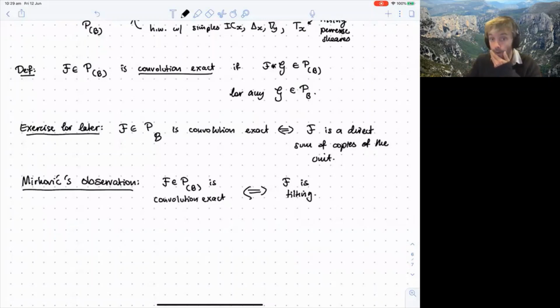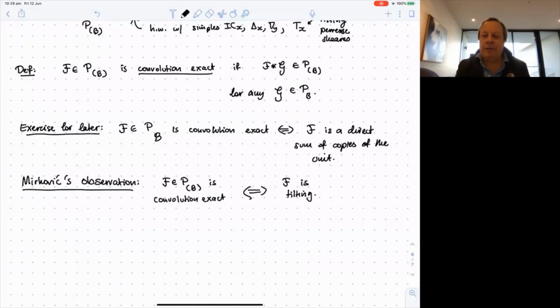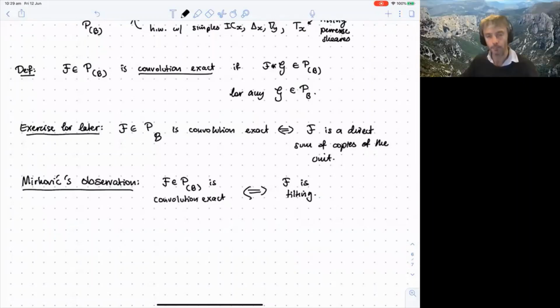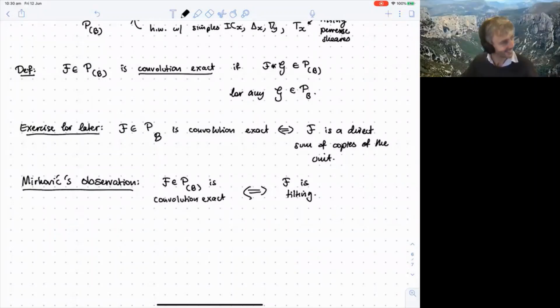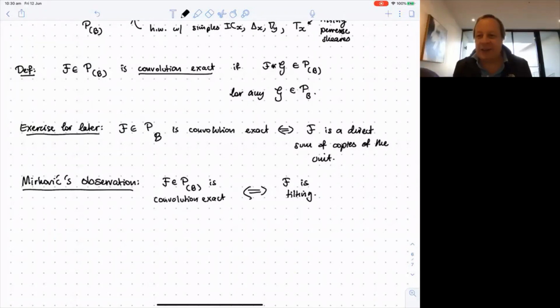Okay. So a very beautiful statement. But now, here you always deal with this B-constructible from the left. You of course don't have to, you can just act on the whole derived category. So are there other objects that would be convolution exact?